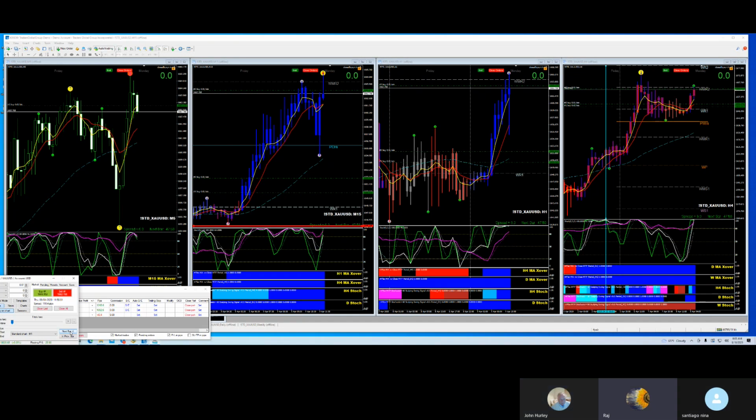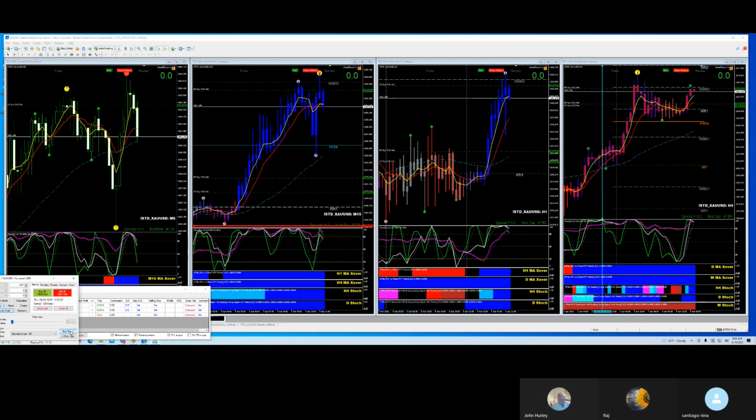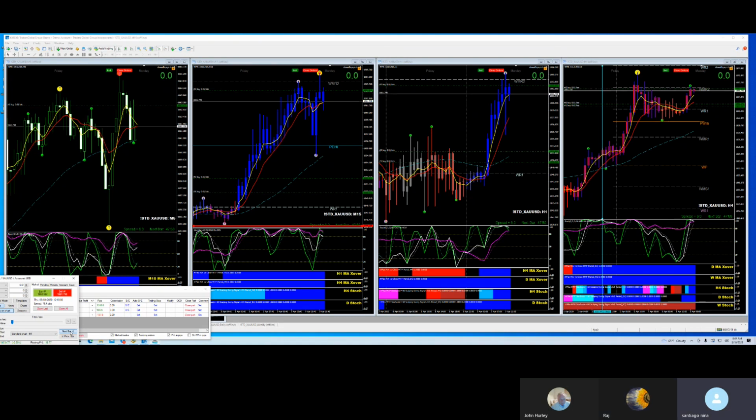You see, all this time the 1 hour was totally bullish. Stochastic hesitating around that pivot, right? But you're in a brand new 4-hour candle.